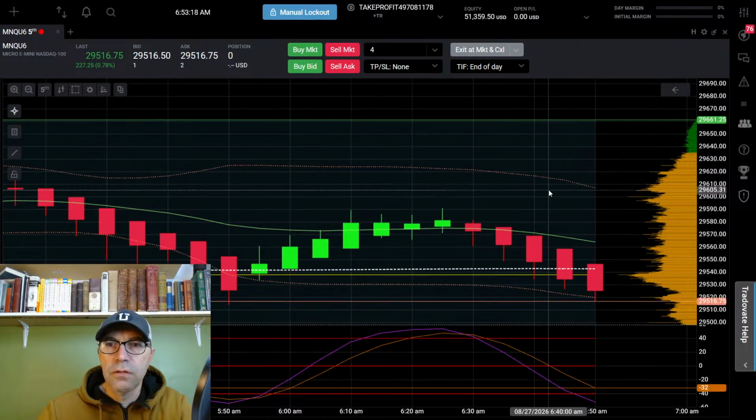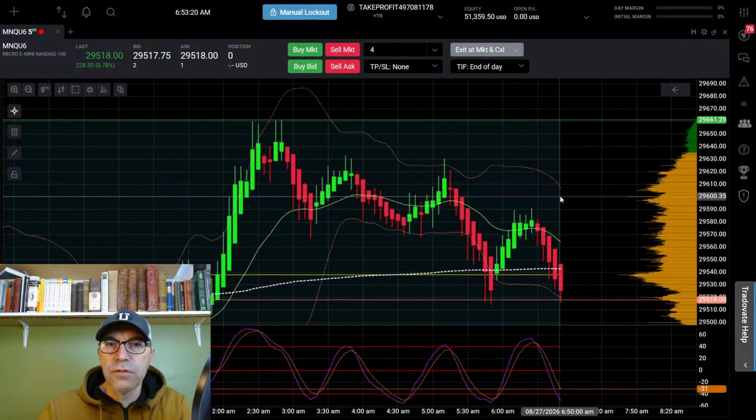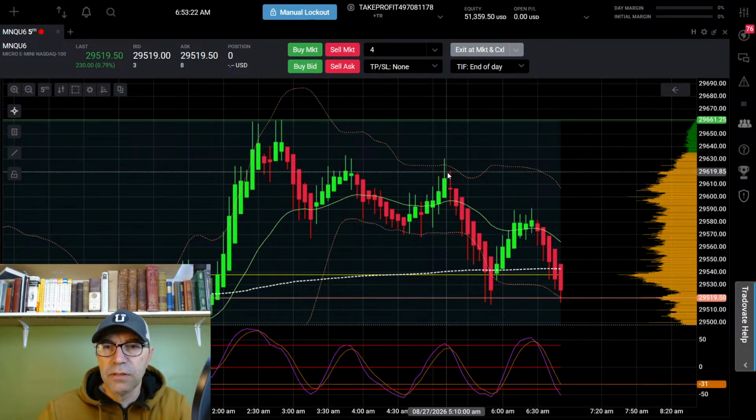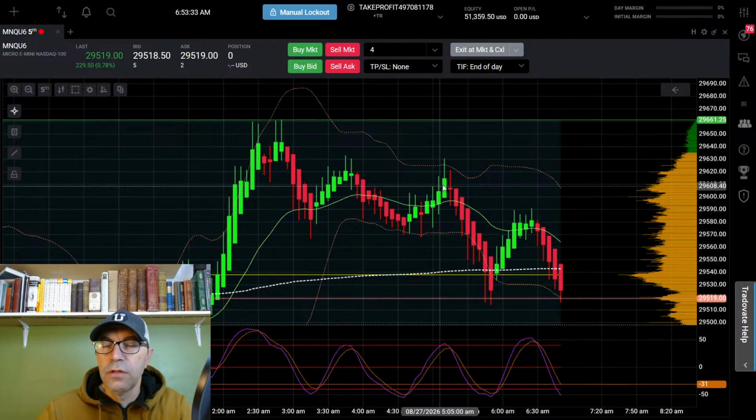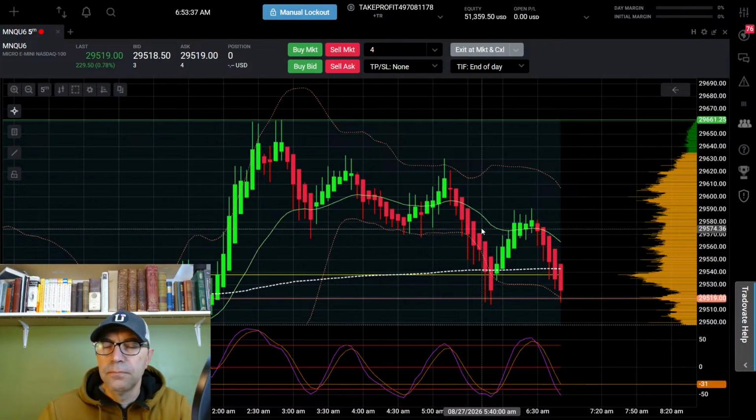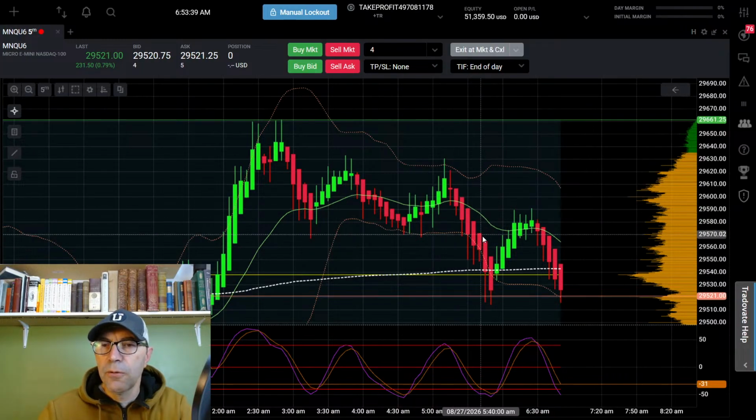So the trend reversed at about, in this particular case, about 510, okay, 515. And as the shorts are filling up and the price is dropping, the longs may be taking their profits.